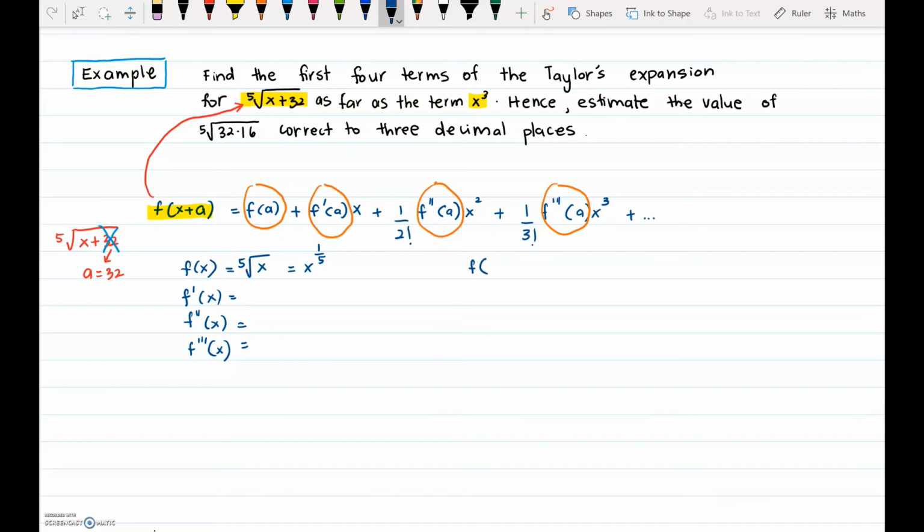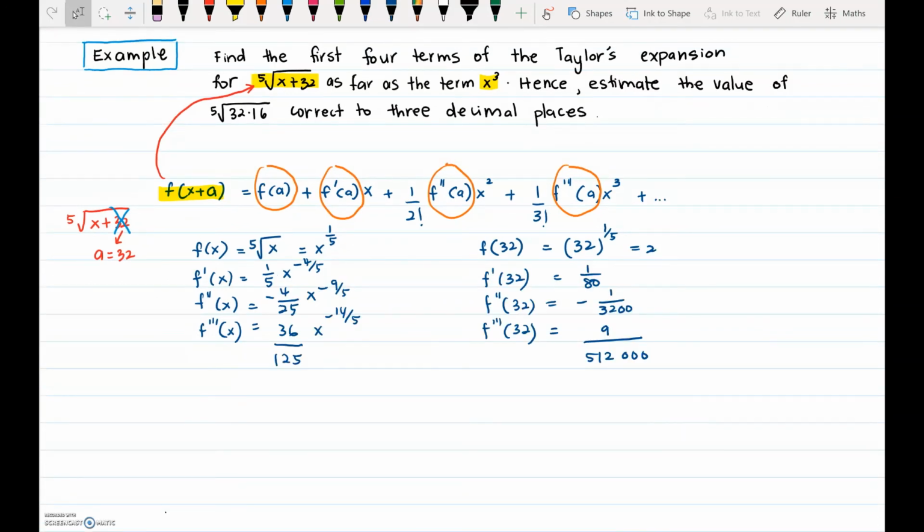So what is your f(a)? f(a) is equals to f(32). Okay, which means you will get 32 power of 1 over 5 equals to 2, and these are all the values that we will get.